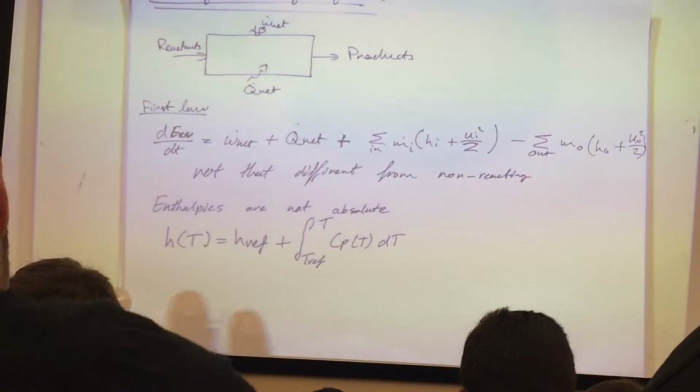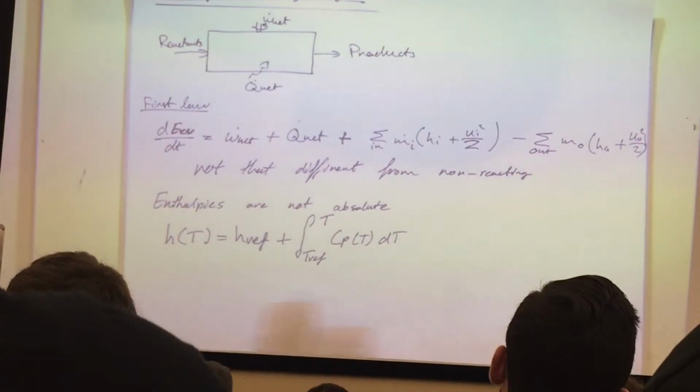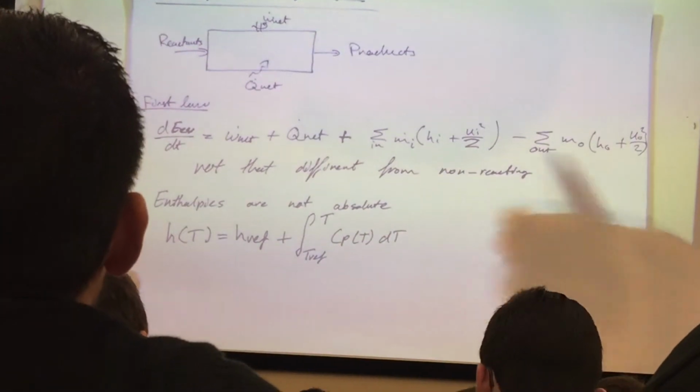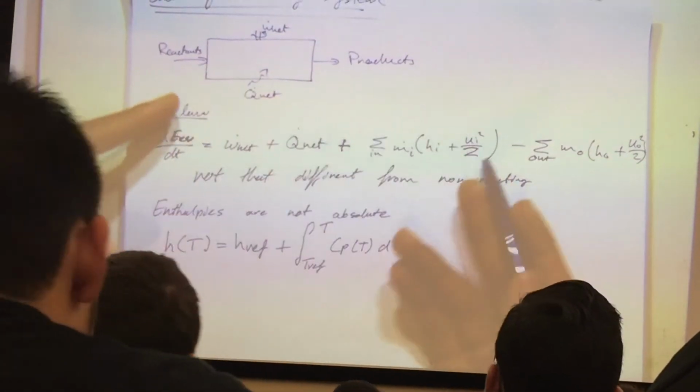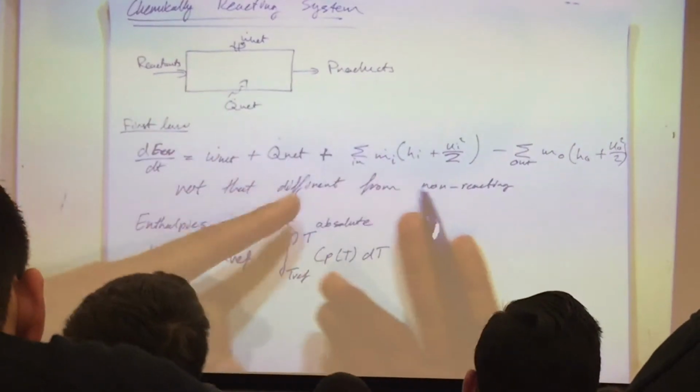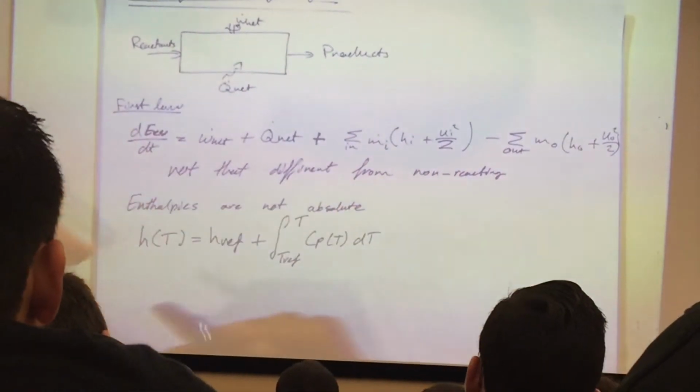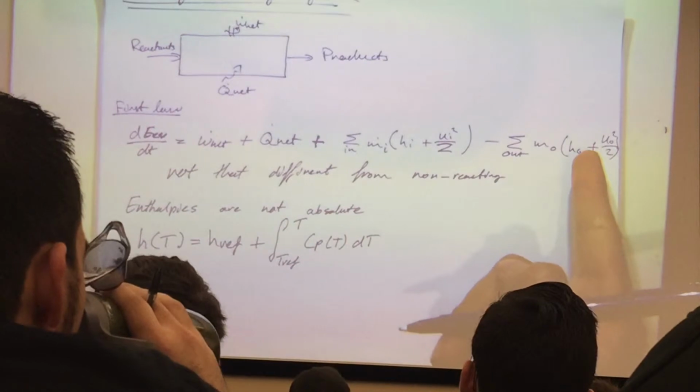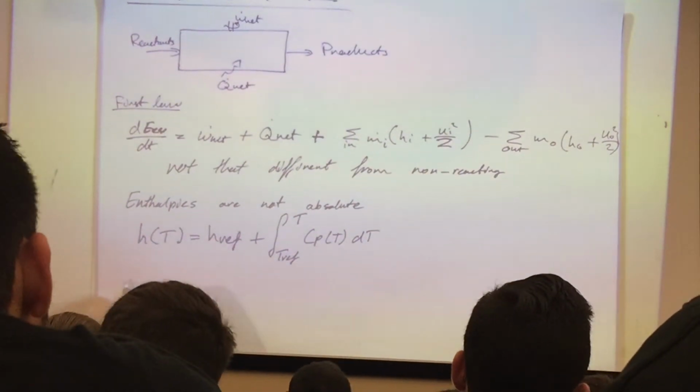So, from that, what if I have H in minus H out? If the mass I'm putting in, m in, is equal to m out, I want to take the difference.